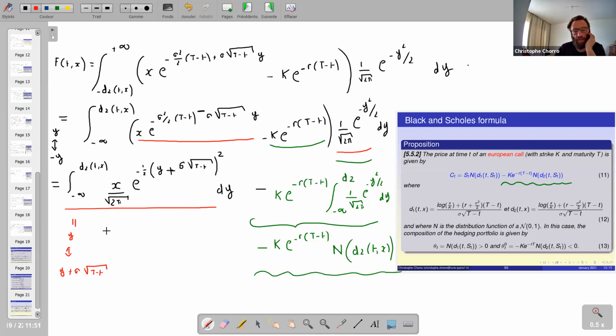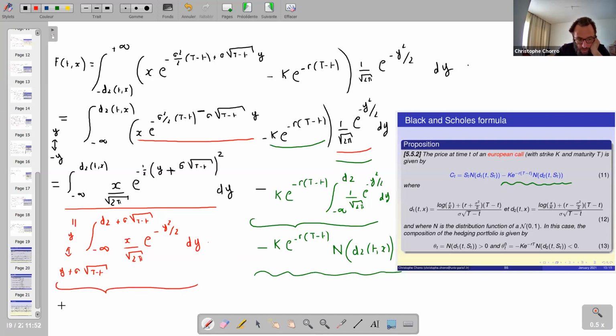I obtain an integral from minus infinity to, so if y starts from d2, the new one starts from d2 plus sigma the square root of capital T minus t, and I have x over the square root of 2 pi exponential minus y square over 2 dy. But what is this term here?